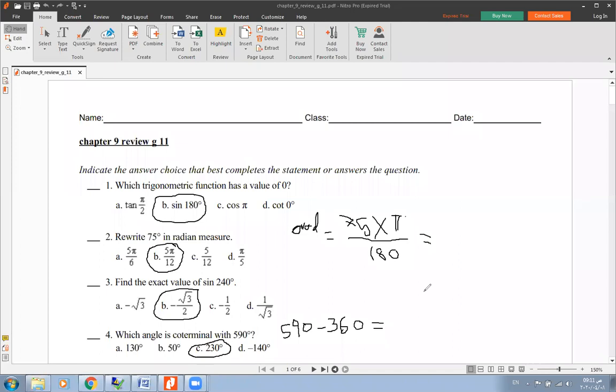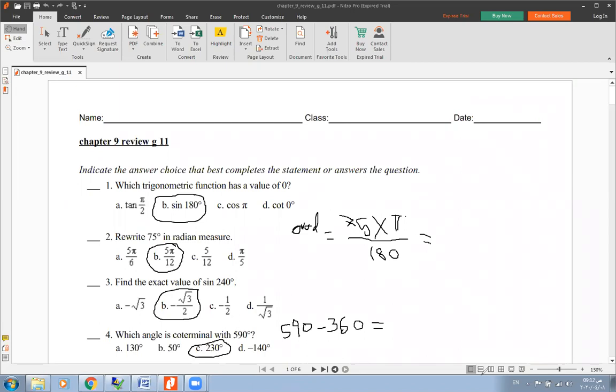First, if you have an angle greater than 360, we subtract 360, like this case. Or if the angle is negative, we add 360. This is the answer.